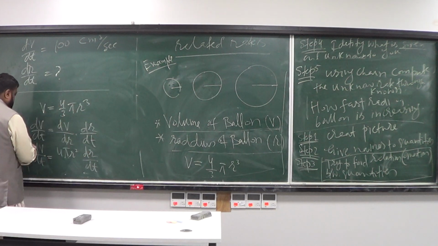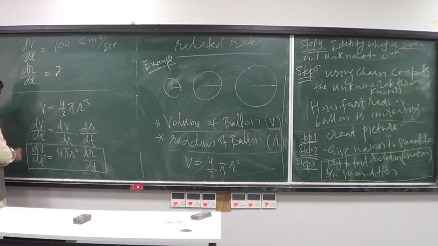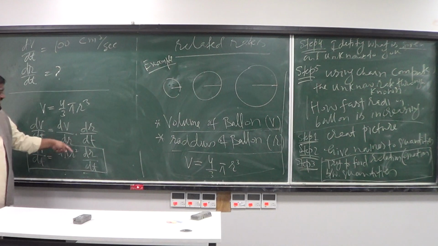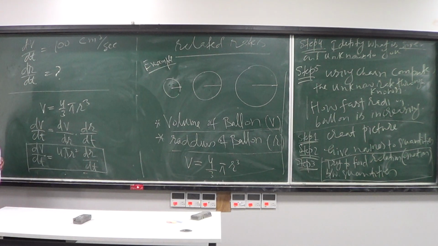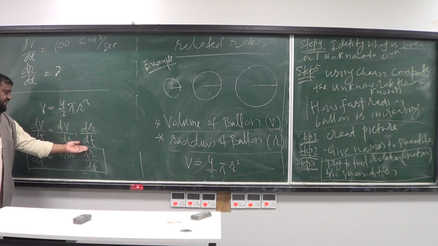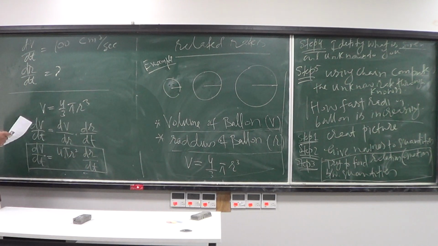This is the relationship between the rate at which the volume is changing and the rate at which the radius is changing. This is known to me, and I can figure out what the radius is at this instant, and then using it I can compute dr by dt.